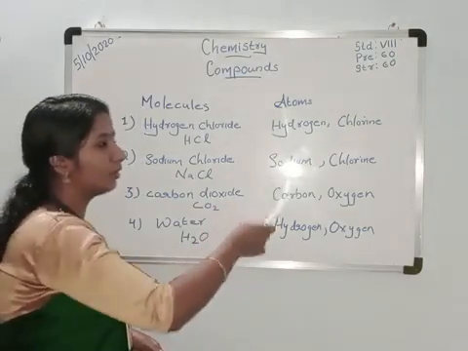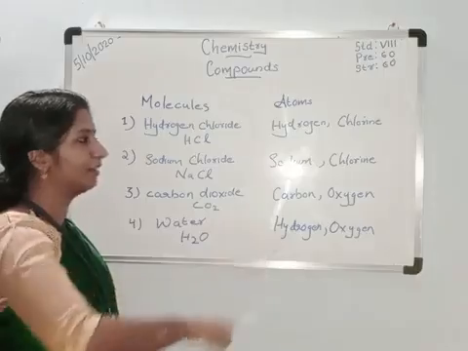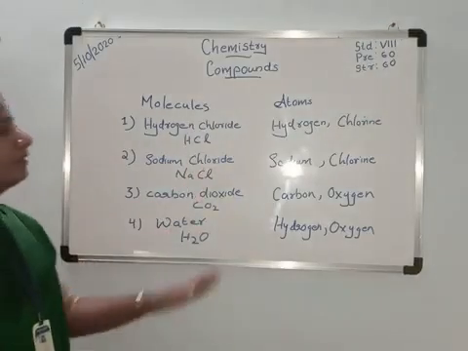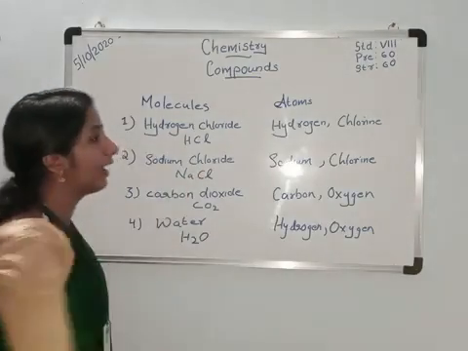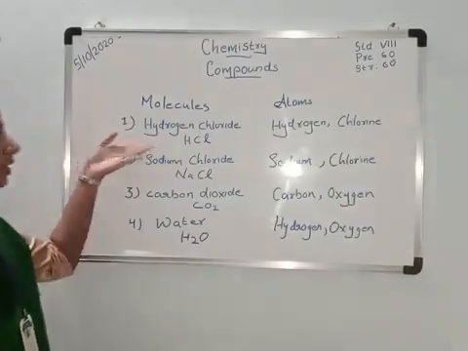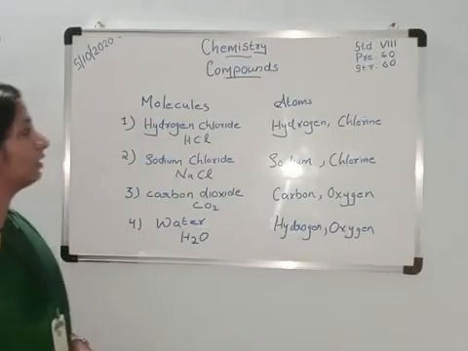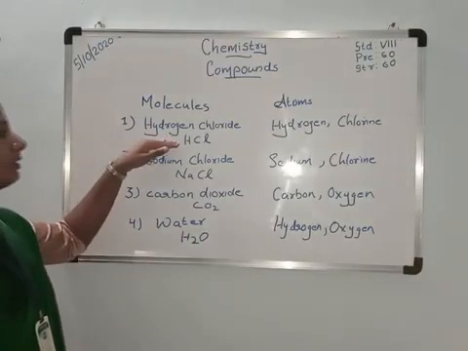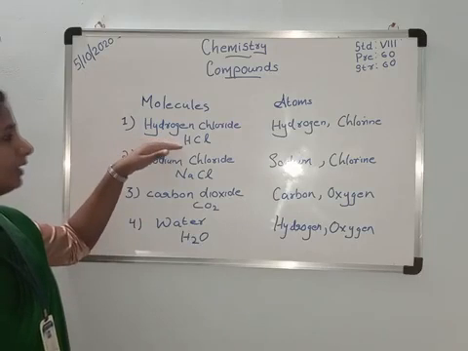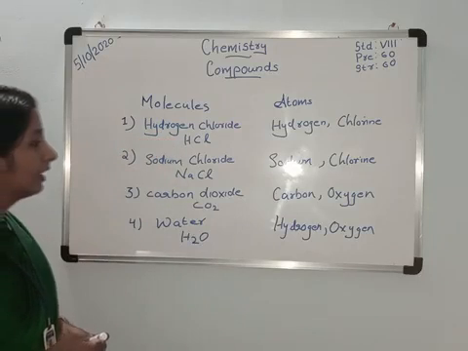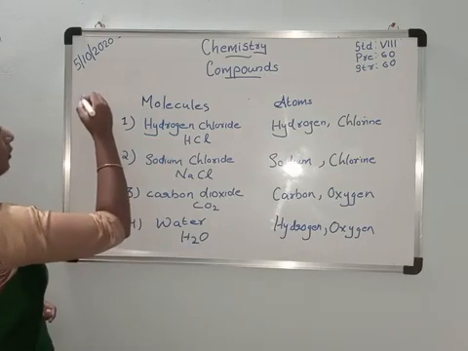Similarly, here we have sodium and chlorine, both different. So these different types of atoms combine to form a type of molecule. And molecules formed by combining different types of atoms are called compounds.